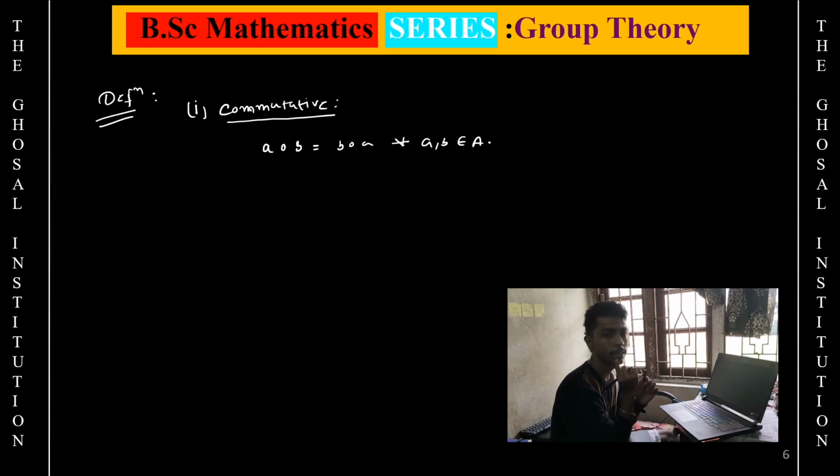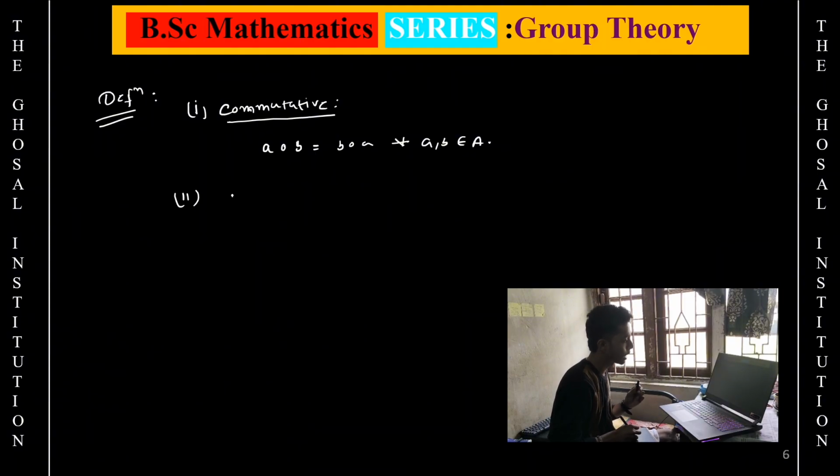It means that if you do A compose B or B compose A, it will be the same thing. Like for the plus sign, if you do 1 plus 2 or 2 plus 1, both give the same answer, right? This type of binary composition, we say, is commutative.